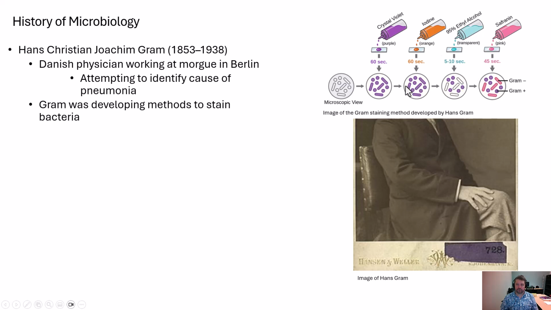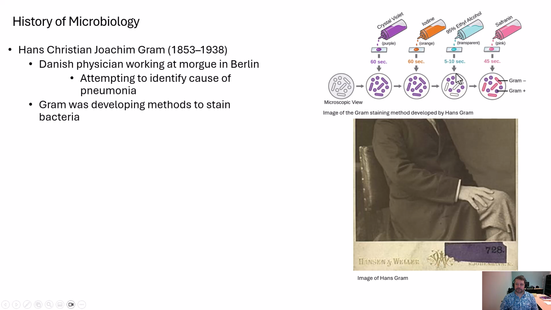This means that bacteria that don't have a thick cell wall of peptidoglycan would retain just a little bit of crystal violet, but not enough to be all purple or all dark blue.